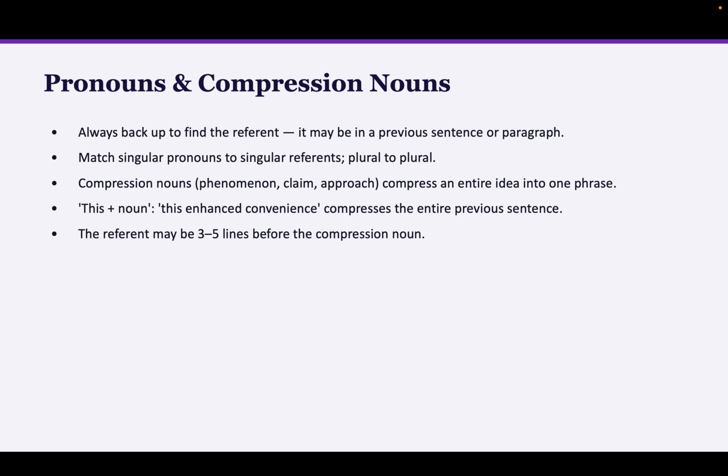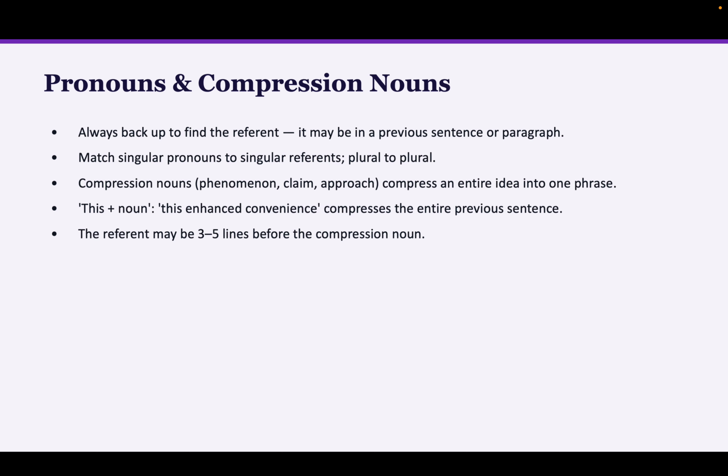So you always want to track your pronouns and your compression nouns to make sure you know exactly what it's referring to when it's mentioned in that highlighted or underlined portion. This plus noun, again, another classic combination, this enhanced convenience. Very similar structure as well. And this referent sometimes might be up to 3 to 5 lines before the compression noun.